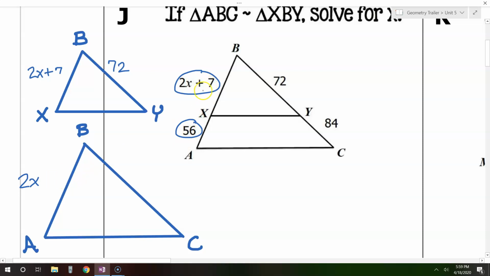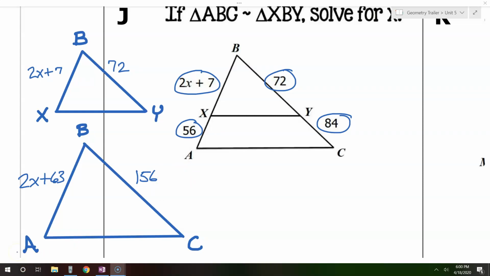So that's going to be 63 if you add those together. All right, in the same way, side BC is going to be what you get when you add these two together. So 72 plus 84, that's going to be 156.